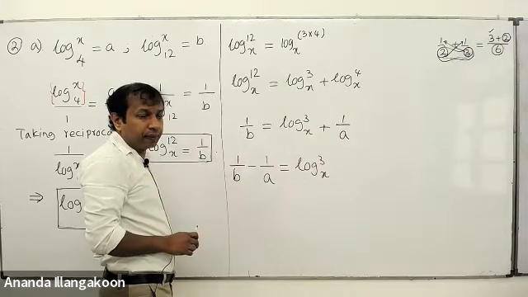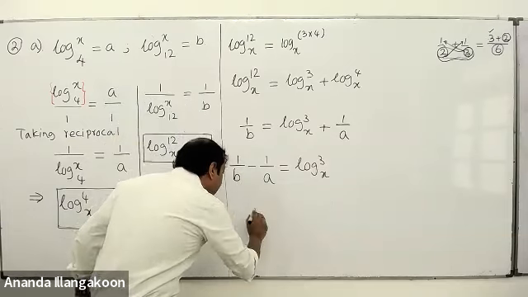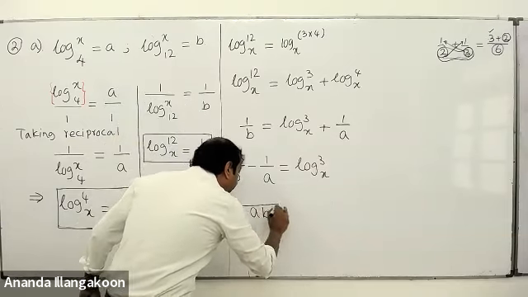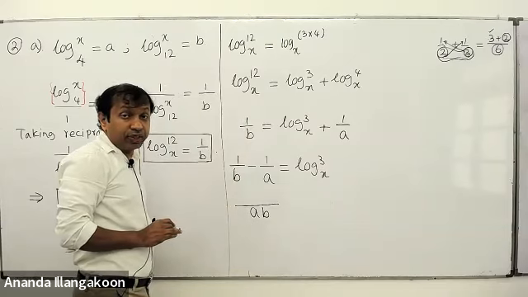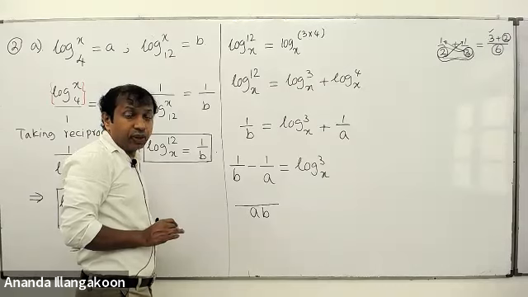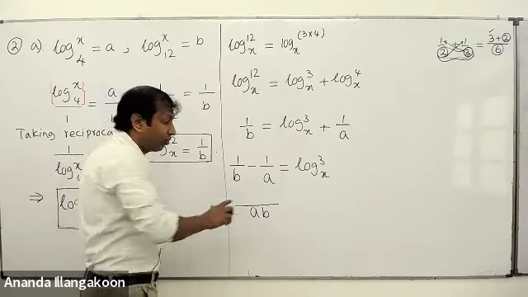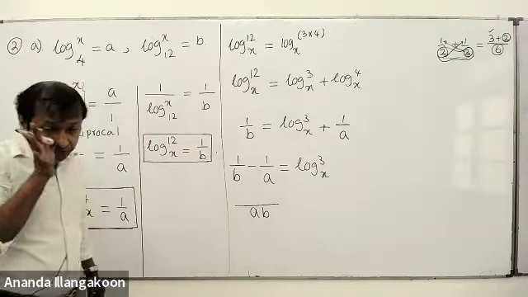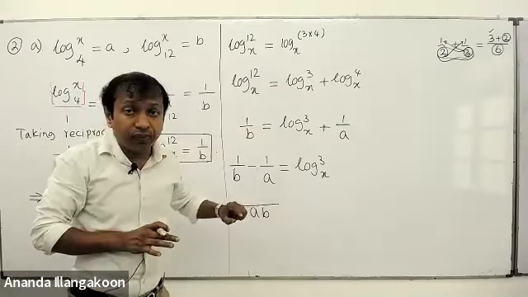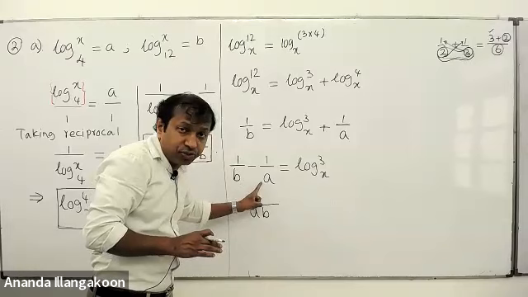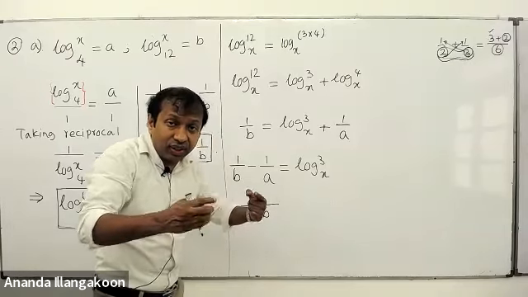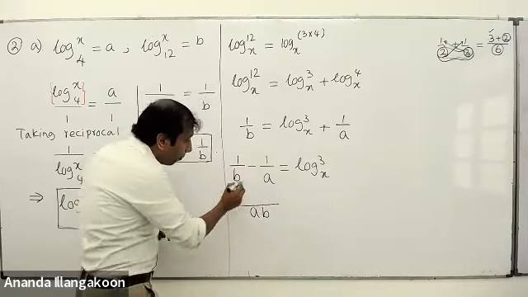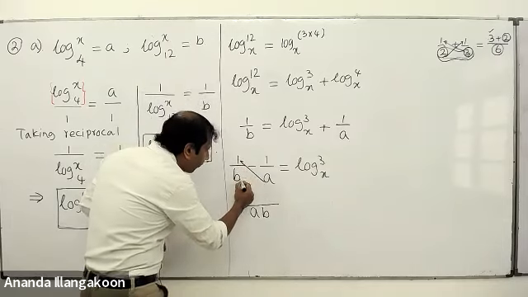AB product we take as a common denominator. When we have algebraic terms in the denominators of the fractions, the common denominator we take as their product, like this. Whenever we take the product of the present denominators as our common denominator, the numerators can be found by using this same multiplication.